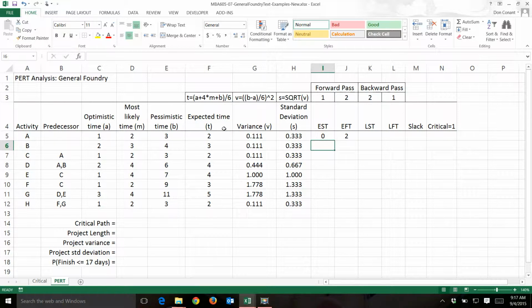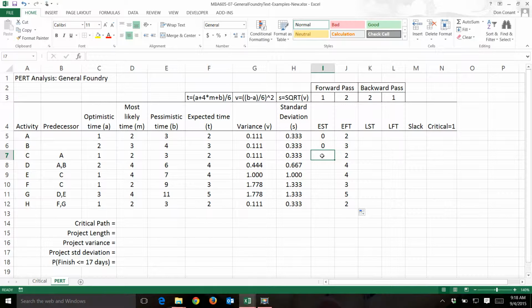Again, the earliest start time for an activity with no predecessor is 0. The earliest finish time is the start time plus the expected time. And that's the case all the way down on the forward pass. So I'll just copy that, and as I fill in the earliest start times, the earliest finish times will update themselves.